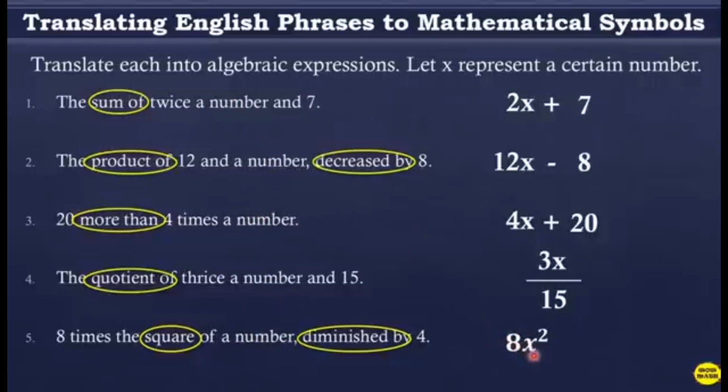Now, this is diminished by 4. So again, when we say diminish, the operation will be subtraction. So minus 4. So we have 8 times the square of a number diminished by 4 is 8x squared minus 4.